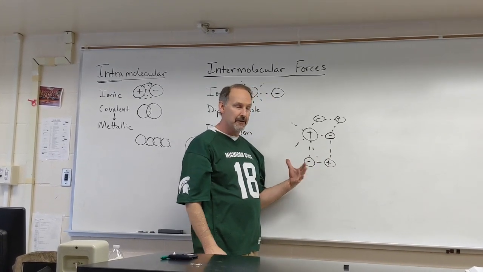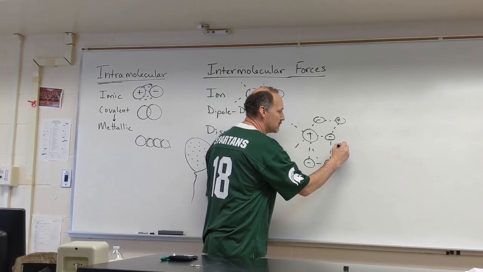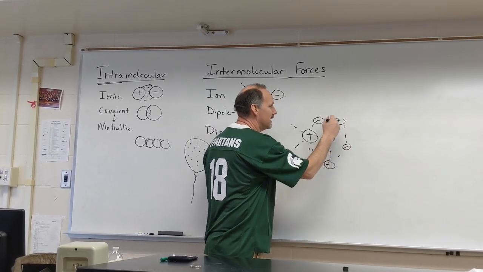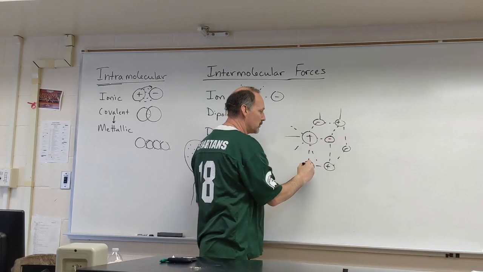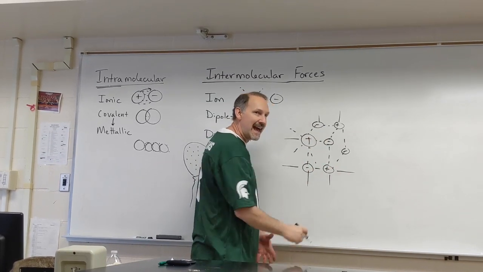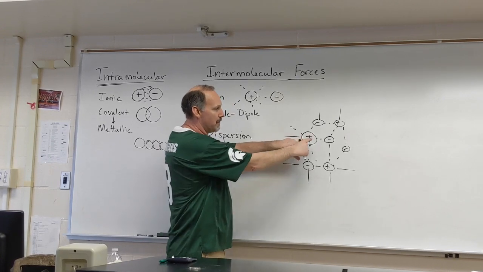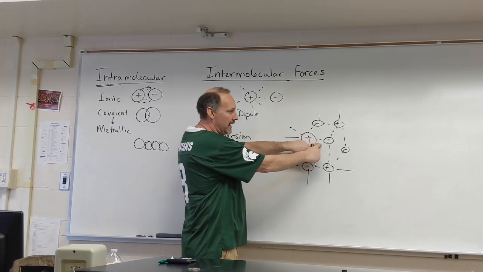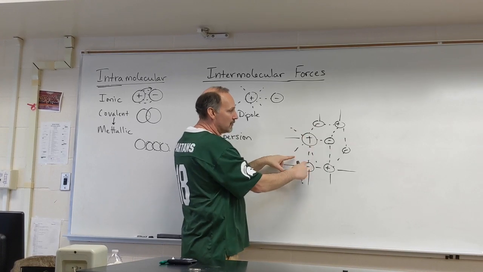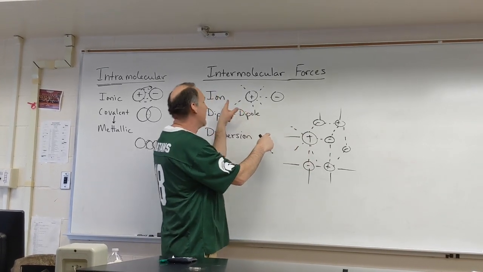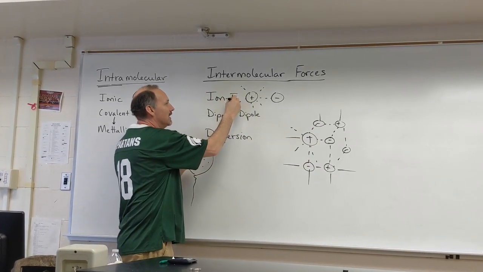They were bonded together, and then the attraction keeps going on and on and on. And so what happens is we get what's called a crystal lattice. We have a branching out of this charge.